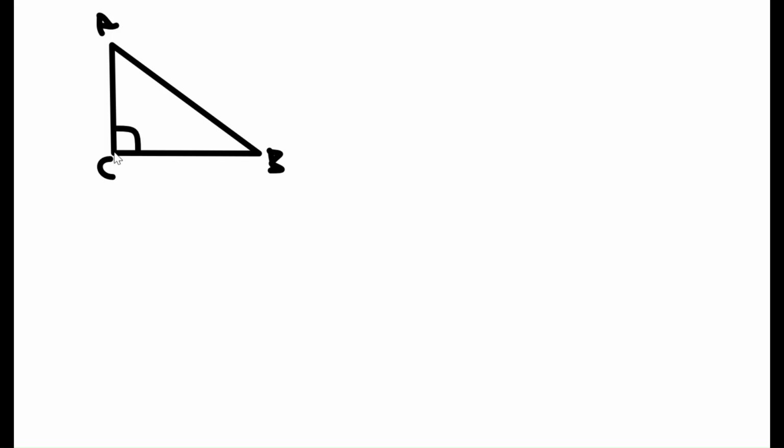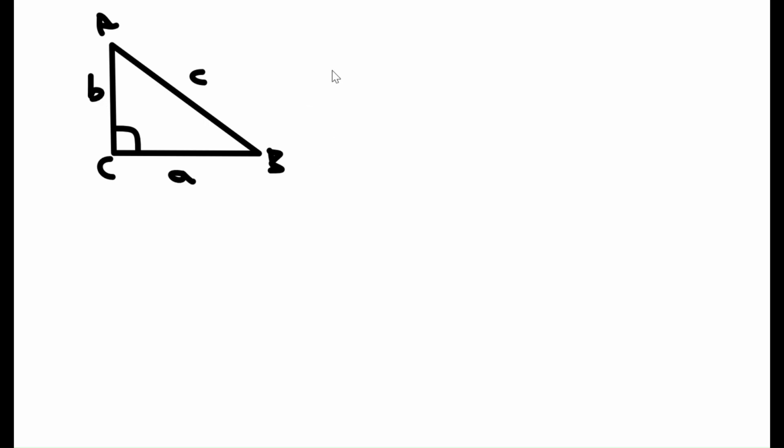Always remember that the opposite side of your right angle will always be your hypotenuse, or the longest side. So this here is side C, and the opposite of angle A is side A, and then side B over here.